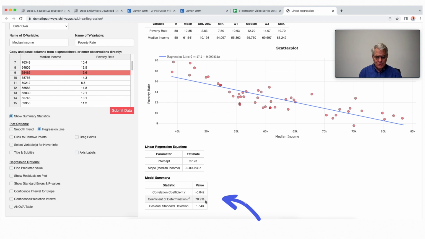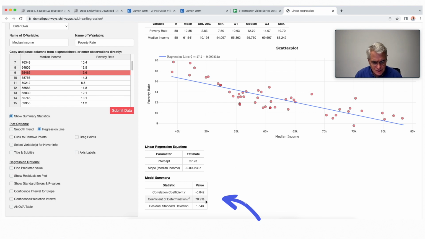The coefficient of determination represents how much shared variance there is, how much of the total variance in the poverty rate is explained by the median income.